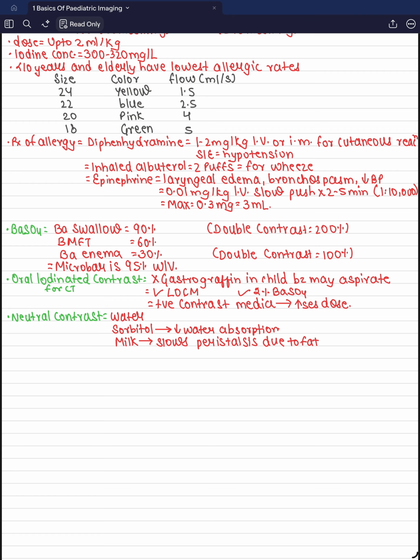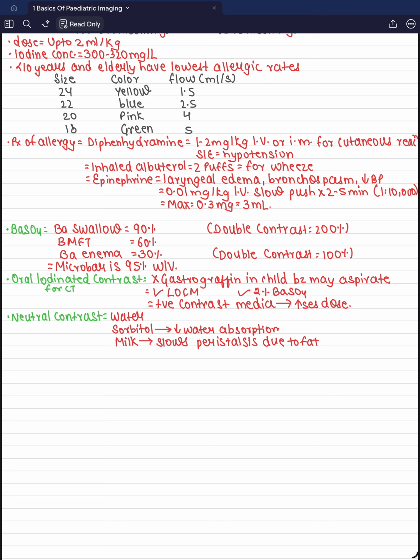Now, which oral iodinated contrast should we use for CT? Should we use Gastrografin orally in a child? No, because if the child aspirates, it can cause pulmonary edema. So you can use low osmolar contrast or you can use 2% barium sulfate. Okay, we know that whenever you are using positive contrast media, the system will sense that there is contrast media within the intestine and it will increase the radiation dose.